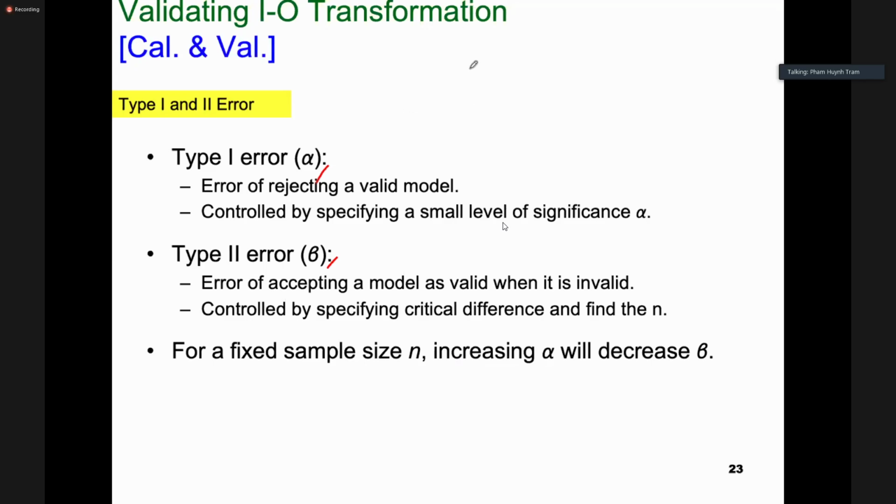So we have the null hypothesis and the rejection region, alpha. Our null hypothesis would be that the output from our simulation model is statistically the same as the system, or in short, our model is valid.